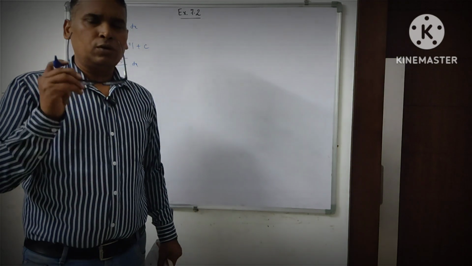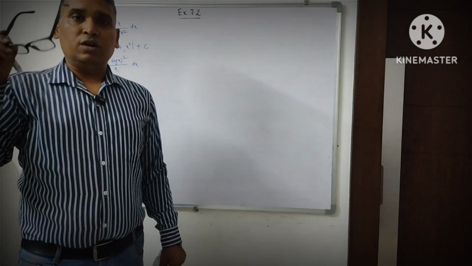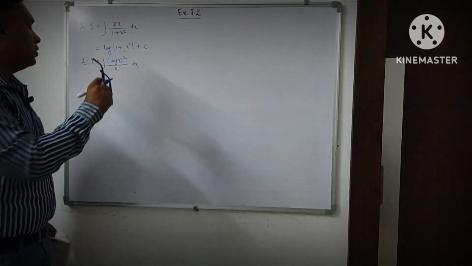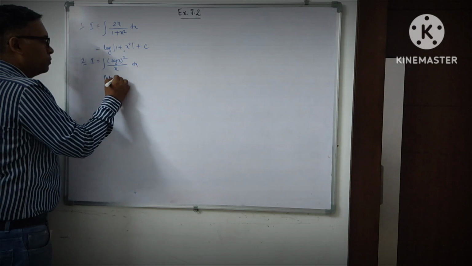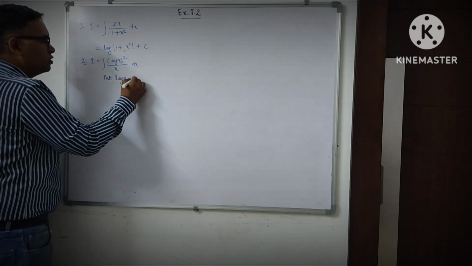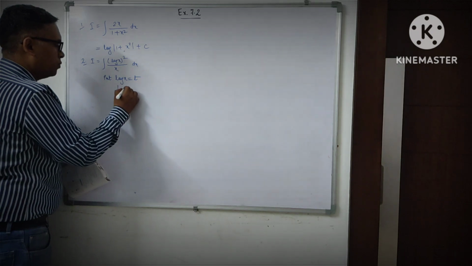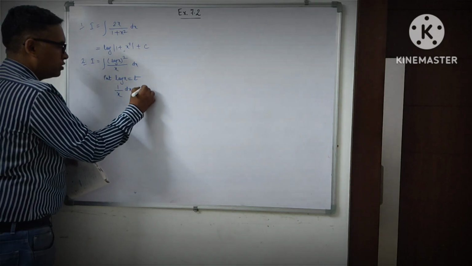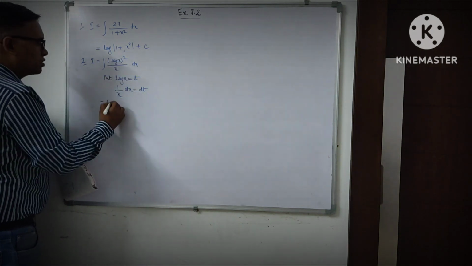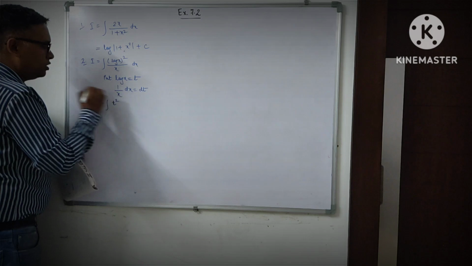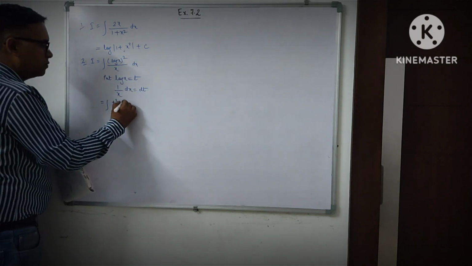So the very simple rule is that whatsoever you put as t, its differentiation must be available in the question. So if I am writing put log x is equal to t, its differentiation would be 1 upon x dx is equal to dt. So (log x) square can be replaced by t square and dx by x is dt.